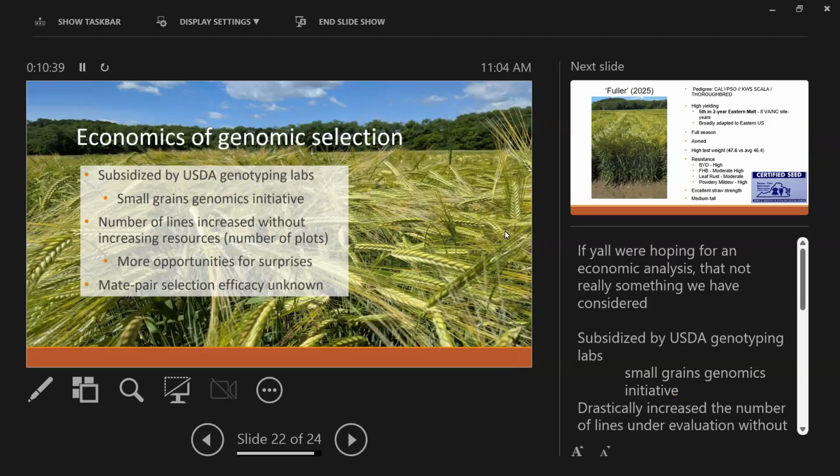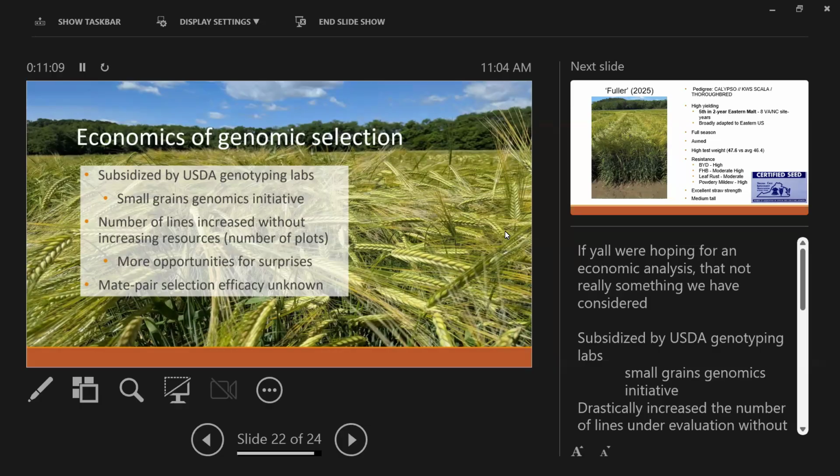So this is just an overview of the economics of genomic selection. We're subsidized by the USDA genotyping labs through the Small Grains Genomics Initiative, but we are able to increase the number of lines significantly without changing the resources we're putting into it. That's allowing more opportunities for surprises because you get more lines out in the field that probably would have been dropped way earlier.